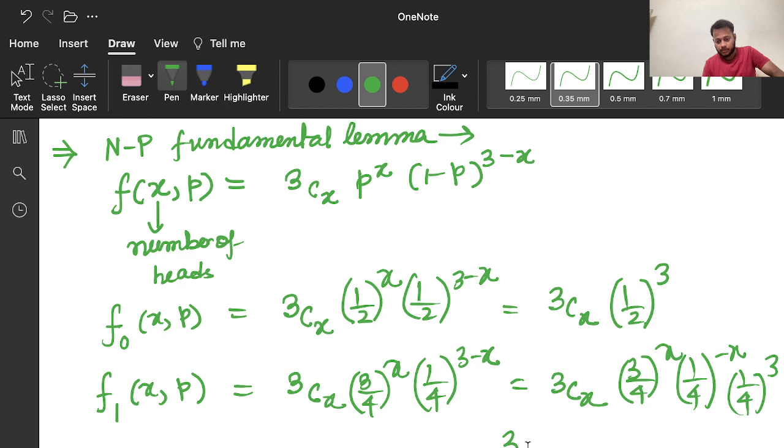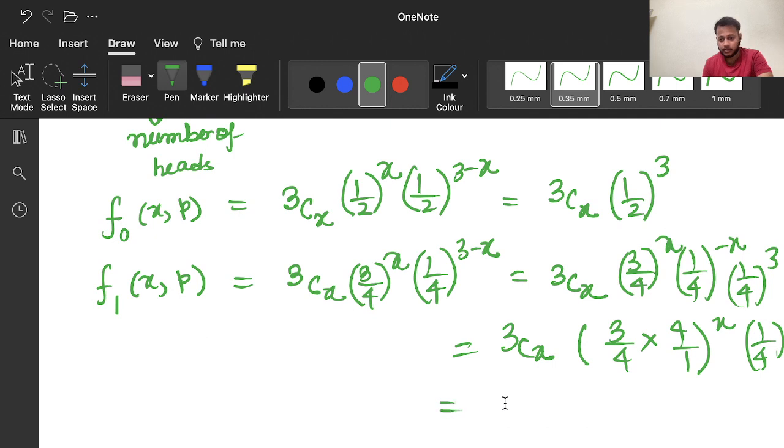So 3Cx 3 by 4 into 4 by 1 to the power x, 1 by 4 cube, so that is 3Cx 3 to the power x 1 by 4 cube.